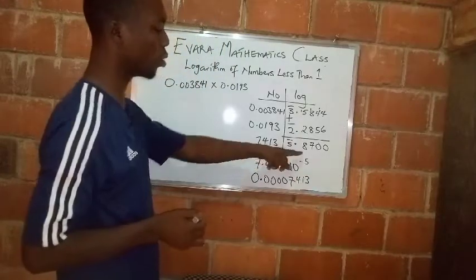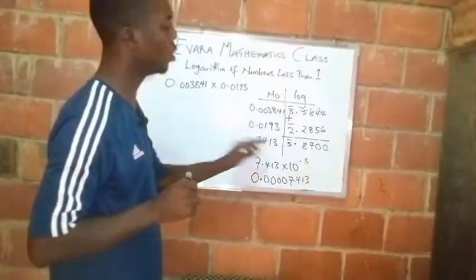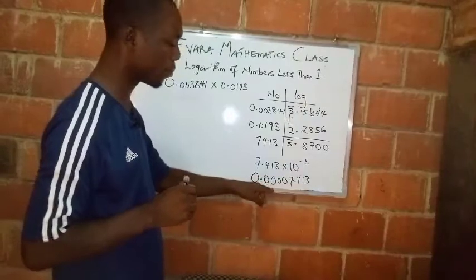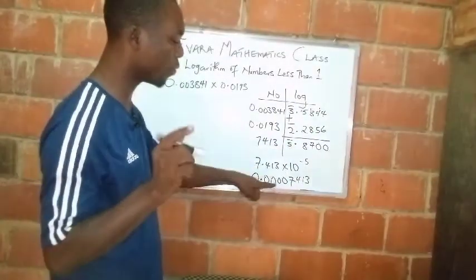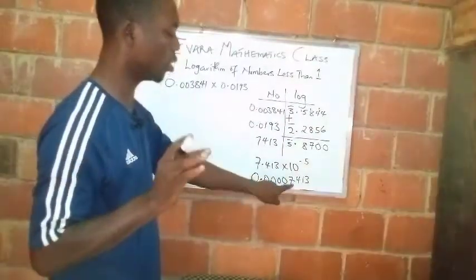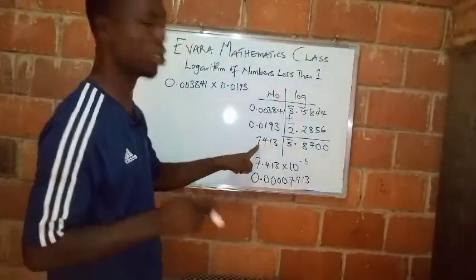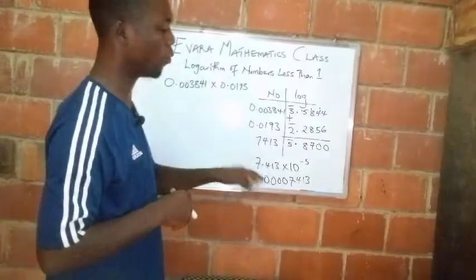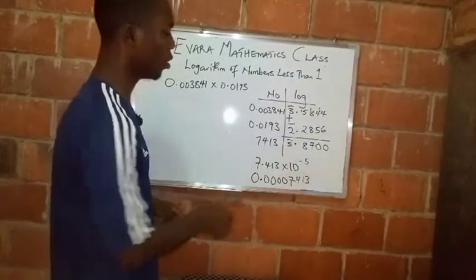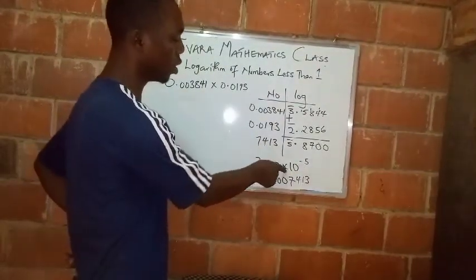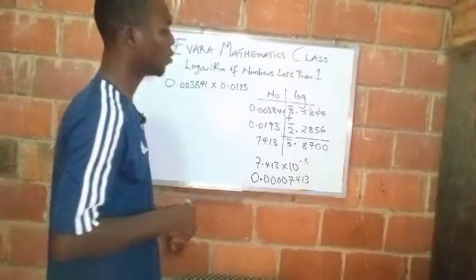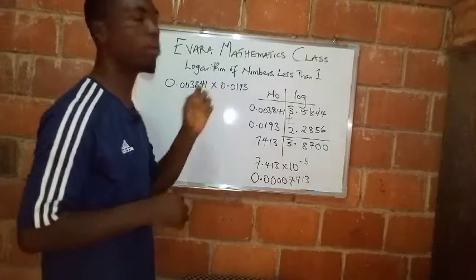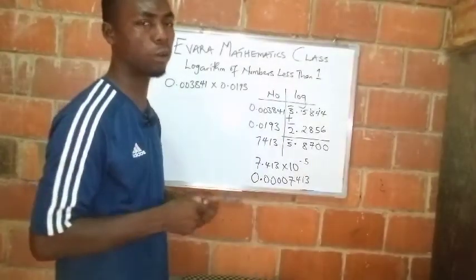When you check your antilog and you get 7413, if you want to give your answer in this form, here is bar 5, so you are going to have 4 zeros. Then the fifth one will be this first digit. But if you want to write it in standard form, it will just be 7.413 multiplied by 10 raised to power of minus 5. So this is how to multiply numbers less than 1 with the use of four-figure table.